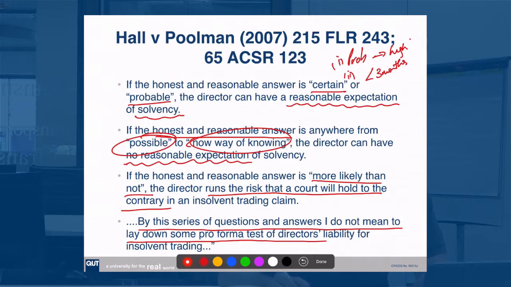Generally, most people would agree, if you can pay for 6 months, you're solvent. The real problem comes, what happens if you can't pay for between 3 and 6 months? That's where it's going to get difficult. So definite insolvency if you can't pay for 3 months. Most likely solvency if you can pay for 6 months. 3 to 6 months, a little bit of uncertainty.